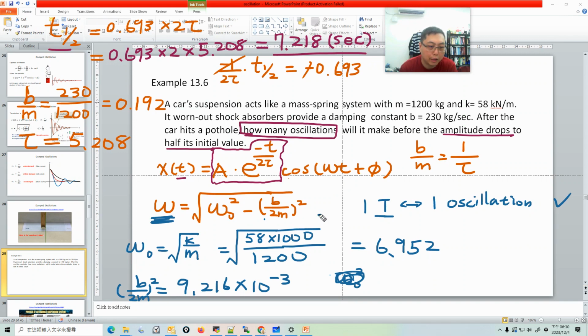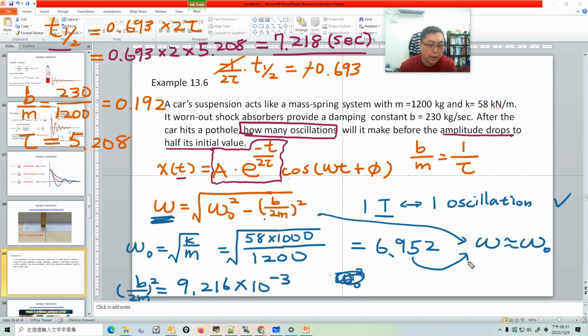In this problem setup, omega is very close to the natural frequency. So our omega is 6.952, an angular frequency, so the unit is 1/seconds.